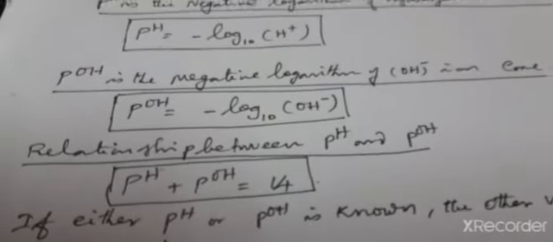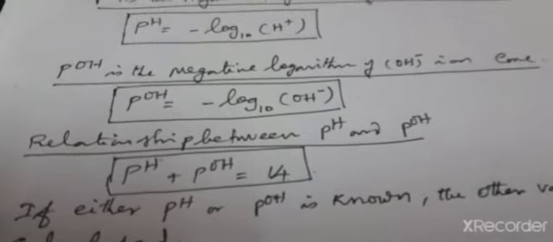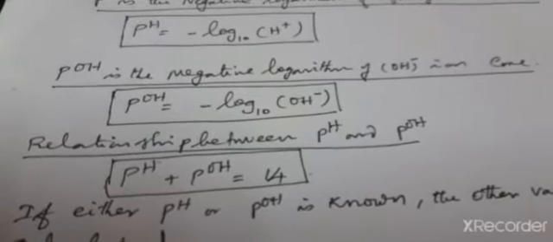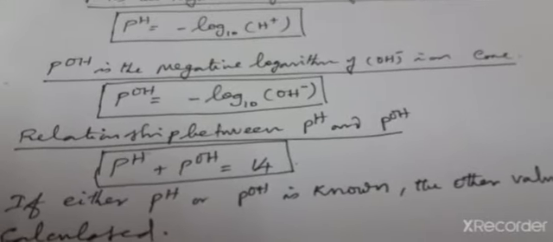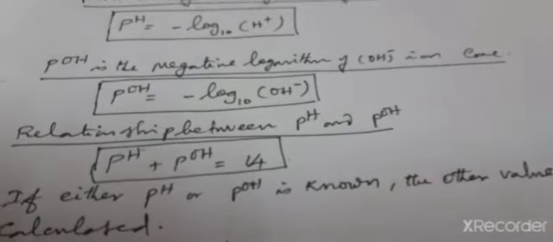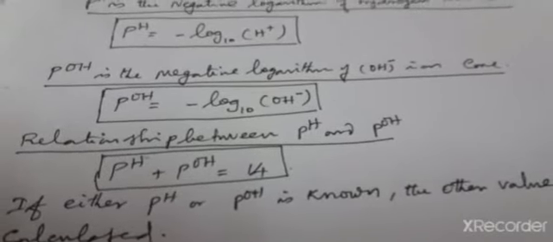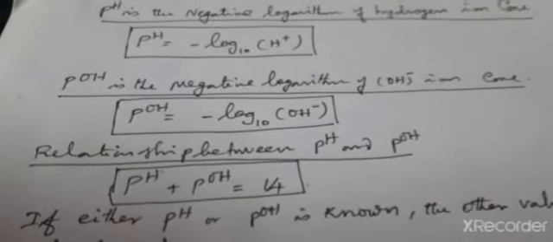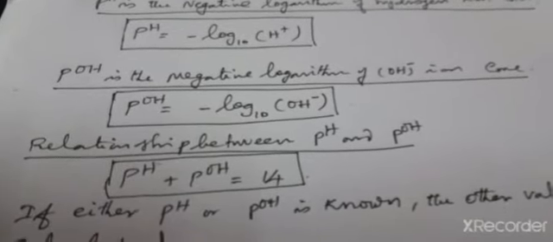Then what is the relationship between pH and pOH? Normally the pH scale measurement starts from 0 to 14. We have to know that acid plus base, also neutral, the sum of all these is equal to 14.